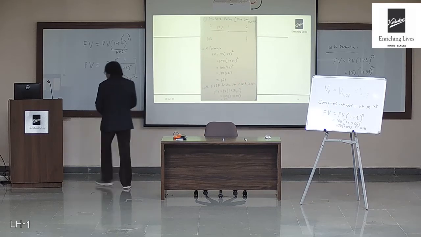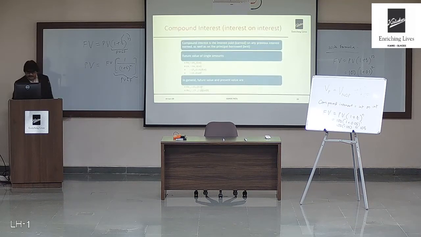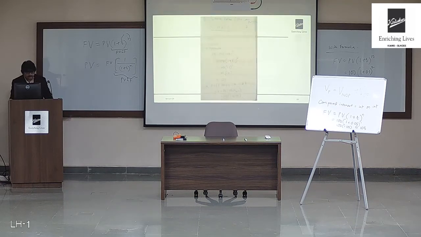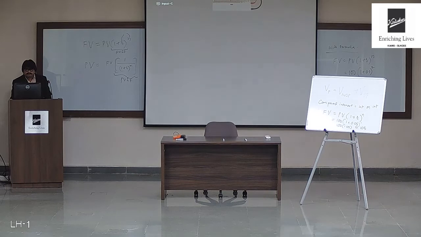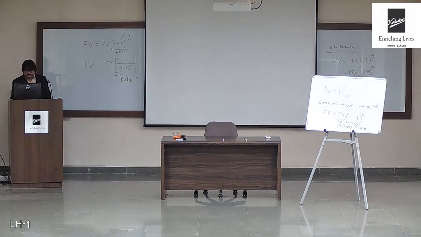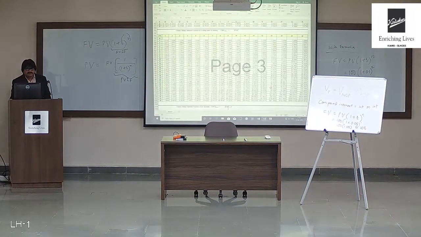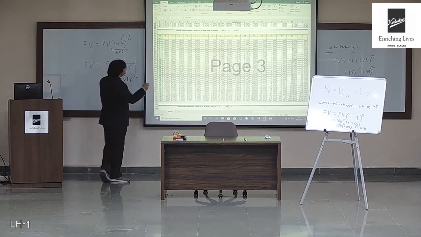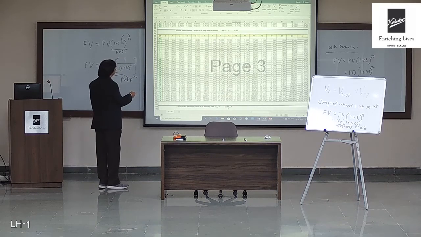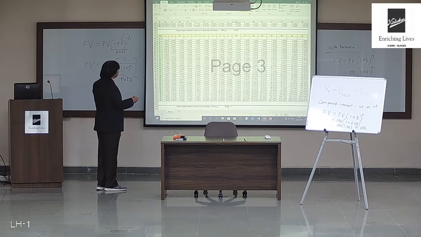Let's look at how to do this using the tables. Now we can see that in this table, N is 2 and R is 10, and you can see that this is particularly 1.21.